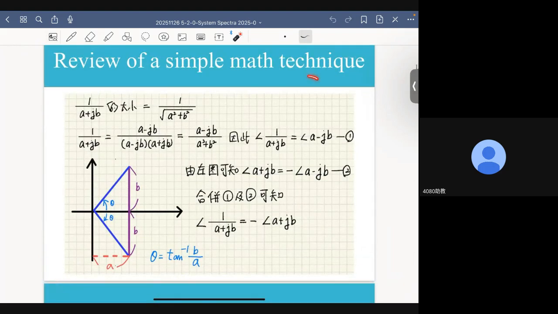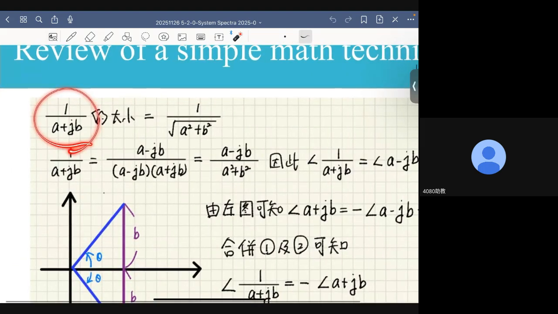Now, let's review a simple math technique. What we are dealing with is 1 over A plus jB. That is, I have a complex number, but the complex number actually appears in the denominator. So let's assume this is a transfer function, and I want to know its magnitude.